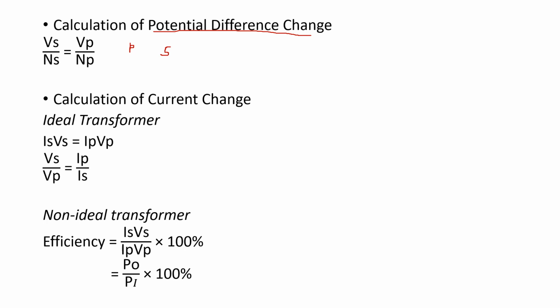Calculation of current change. For an ideal transformer, Is Vs is equal to Ip Vp. Also you can say Vs over Vp is equal to Ip over Is. For a non-ideal transformer, to find the efficiency, the formula is Is Vs over Ip Vp times 100, or P output over P input times 100.